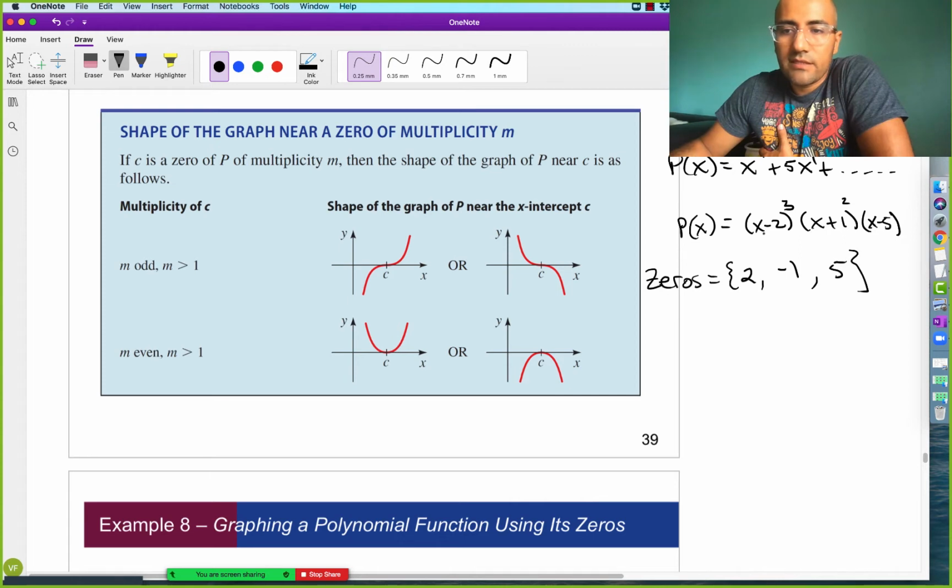If I replace these x's with 2, I will end up with 0 times something, so therefore the whole thing will be 0. But moreover, this is what they mean by multiplicity. This power 3, and also, even if it's not there, by default there's this little invisible 1 there. This is the multiplicity.